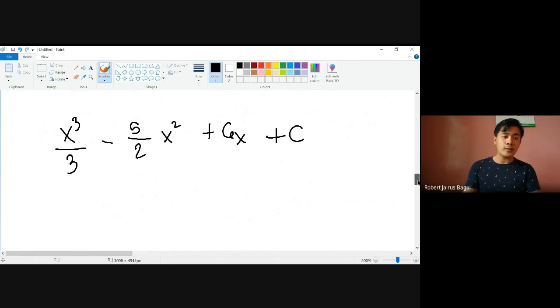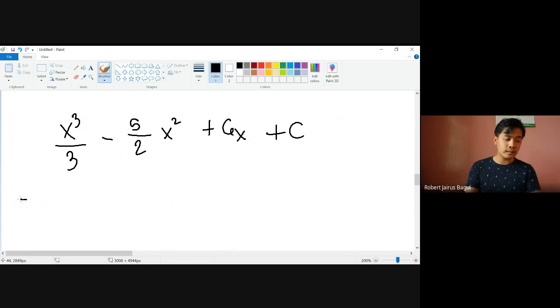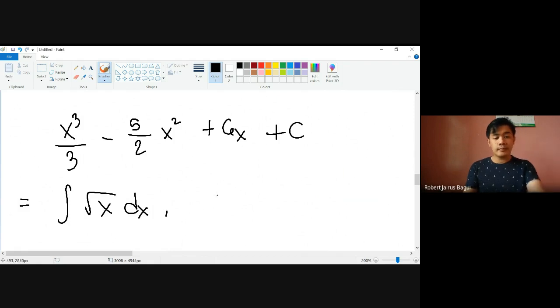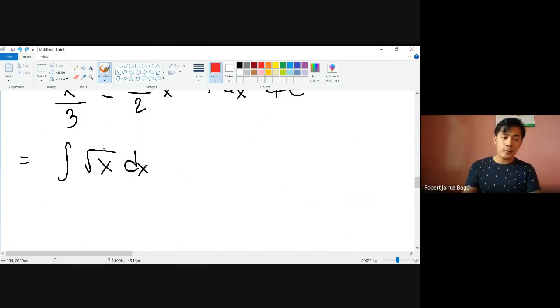So let's say naman, ito. Meron din tayong ganito nung sa derivatives. So integral naman ni square root of x dx. Square root of x. So again, katulad din nung ginagawa natin dati, ang x ay raised to 1, and unless otherwise specified naman sa radical sign, 2 yung number.